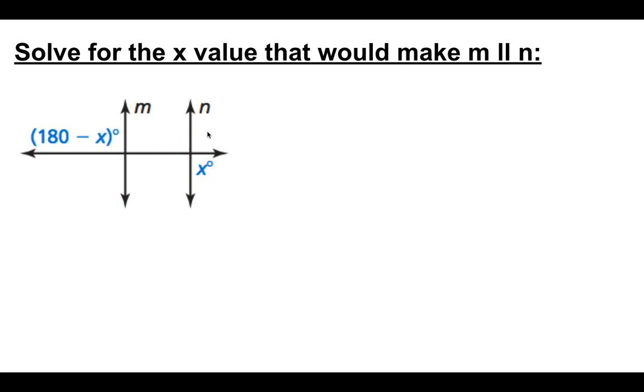And if we use this as our transversal line, these two angles are on opposite sides of the transversal, and again they're diagonal from one another. That should spark the term alternate. So these two angles are alternate exterior angles. And when they're alternate exterior, what is the rule to see if they're parallel?